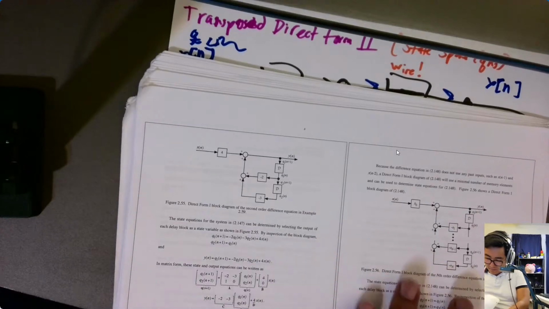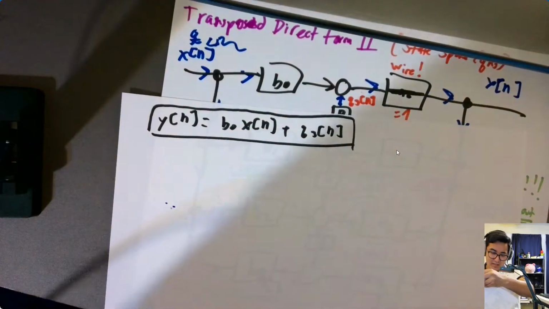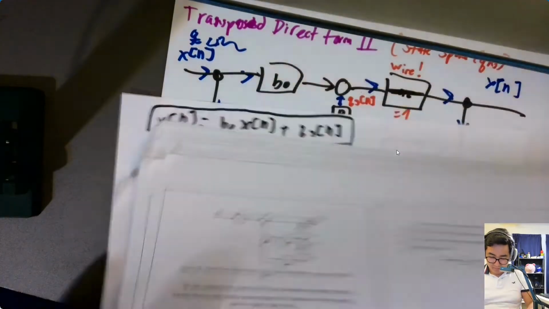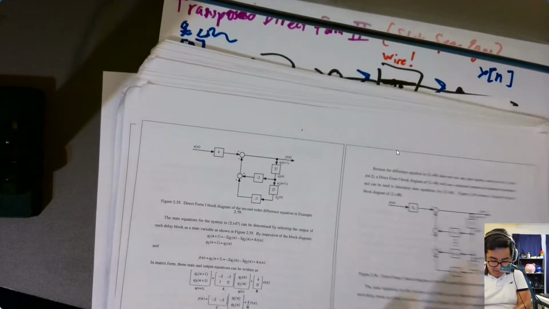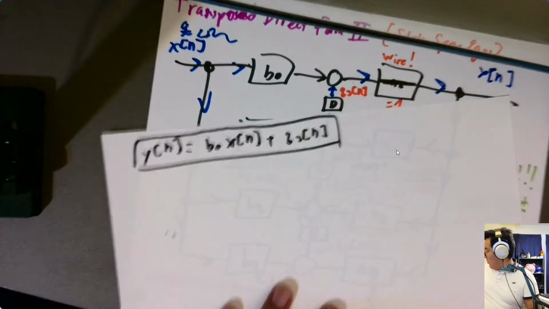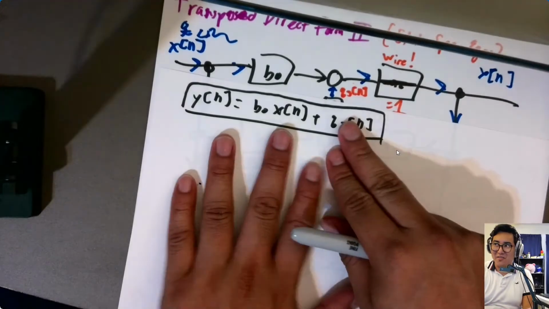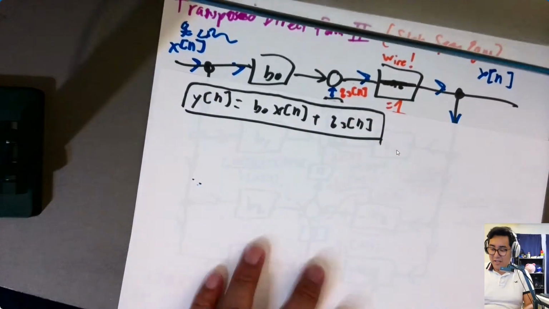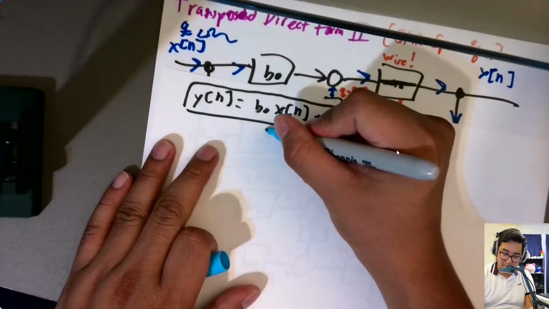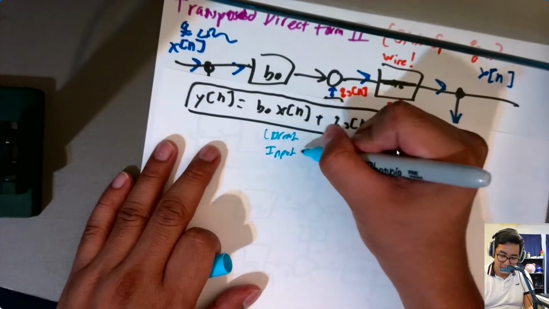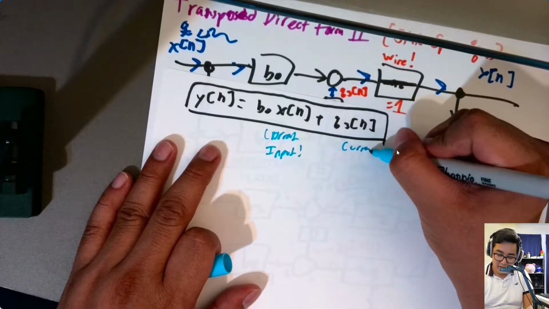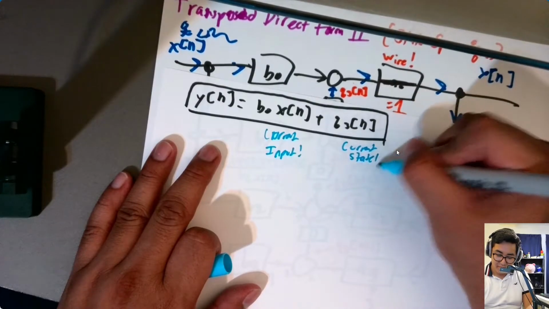Let's see if the solution's in here. Aha, here it is. And I'm encouraging everyone to read this book. The point is, that's our output. So literally, you're done. We have current input and current state. We're done.